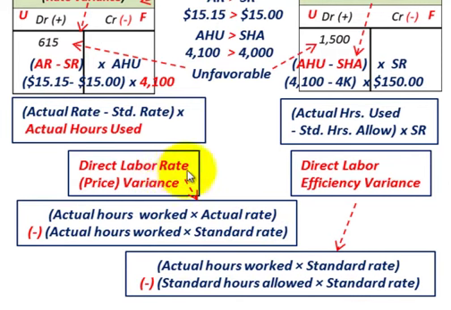Okay, so that's your direct labor rate or price variance. And then your direct labor efficiency variance, that's really taking your actual hours worked times the standard rate on an hourly basis, and you would subtract from that your standard hours allowed times, again, your standard rate on an hourly basis. Okay, so that's the difference between your direct labor rate or price variance versus your direct labor efficiency variance.